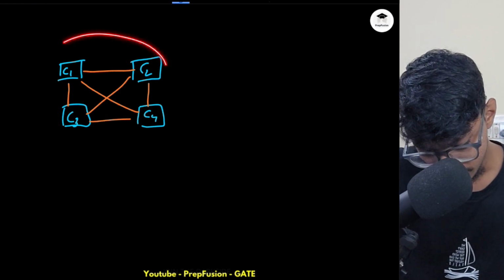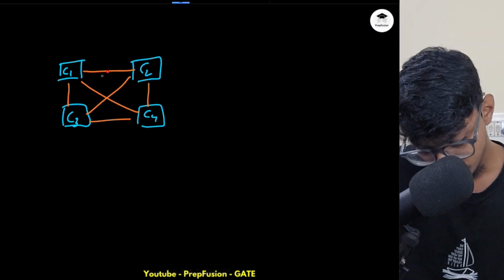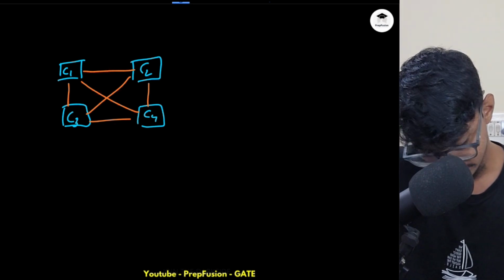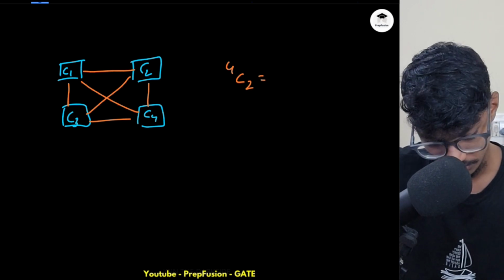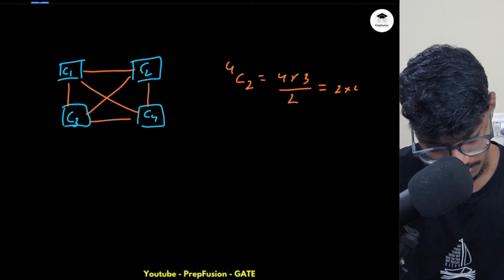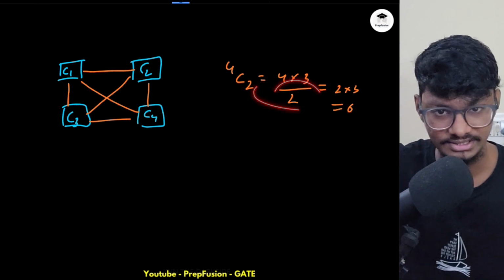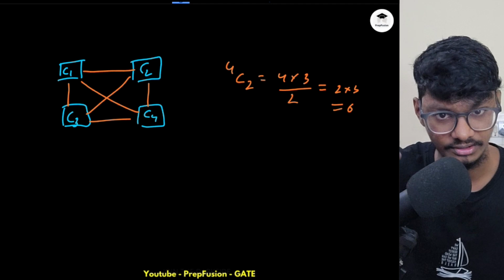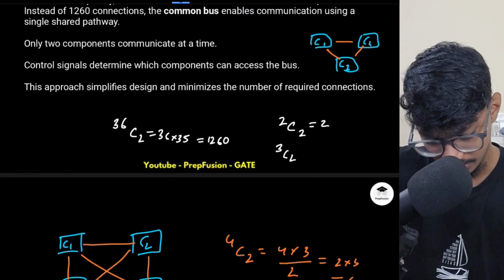I have to choose any two components, so how many wires are there? 1, 2, 3, 4, 5, 6. Now if I apply my formula, 4 components, choose any two, 4C2, it is 4 times 3 divided by 2, which is 6. Why does this divide by 2 come? Because some connections will be repeated if I count the repeated ones. I hope you get the understanding of this.